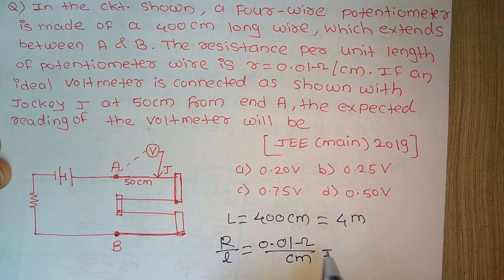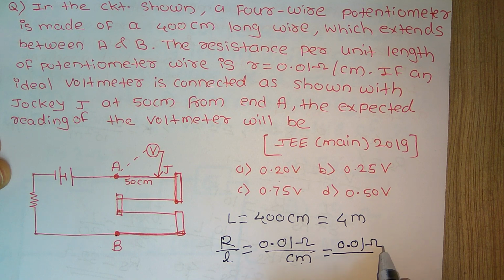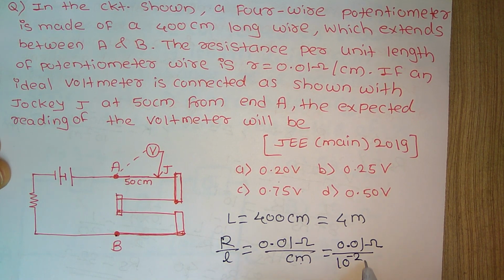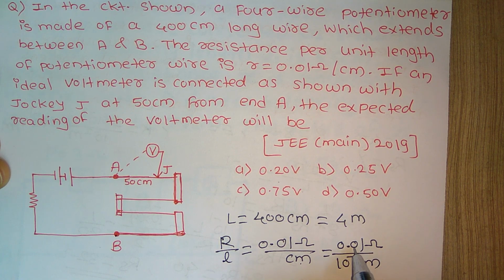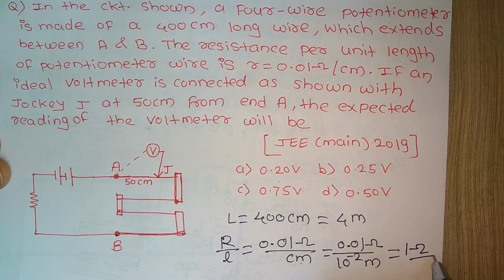I will write it in meter. 0.01 ohm per centimeter means 10 power minus 2; taking 10 power minus 2 above gives 10 power plus 2, that is 100. 100 into 0.01 means 1 ohm per meter, right?